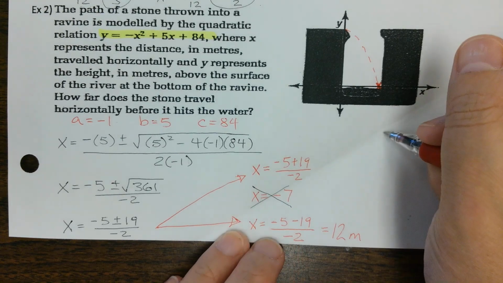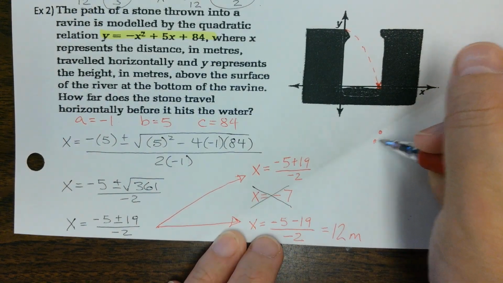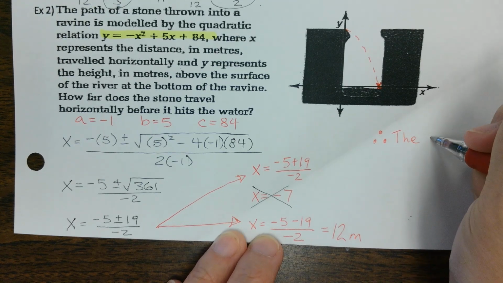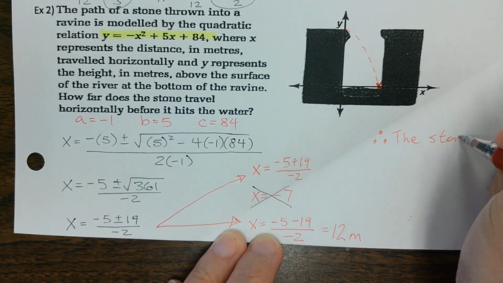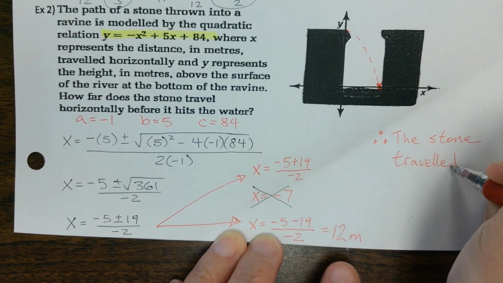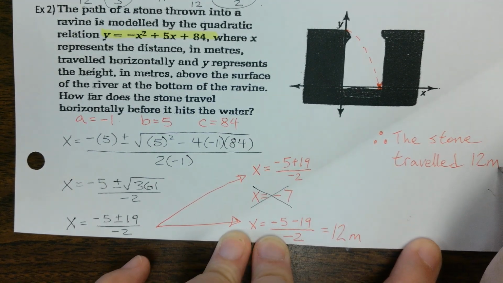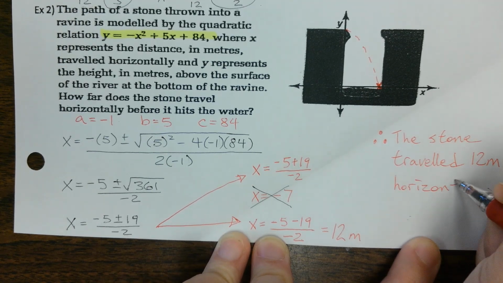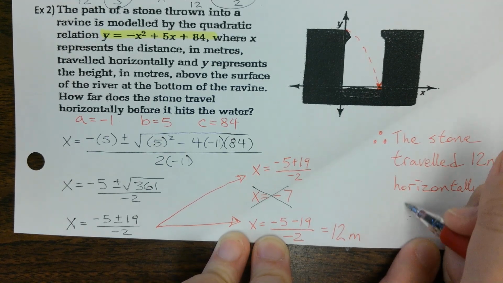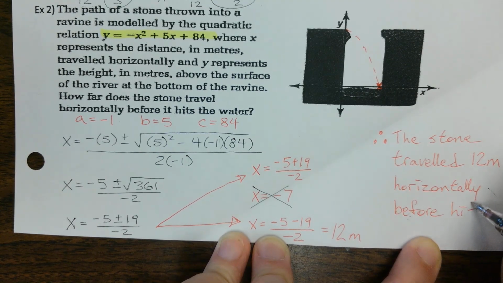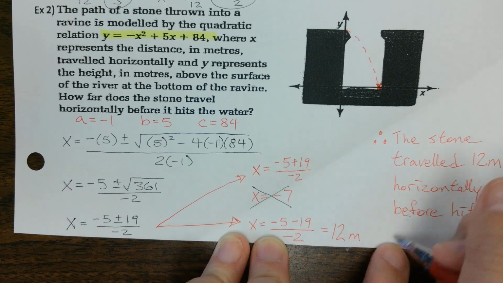So my therefore statement is going to be: therefore, the stone traveled 12 meters horizontally before hitting the water.